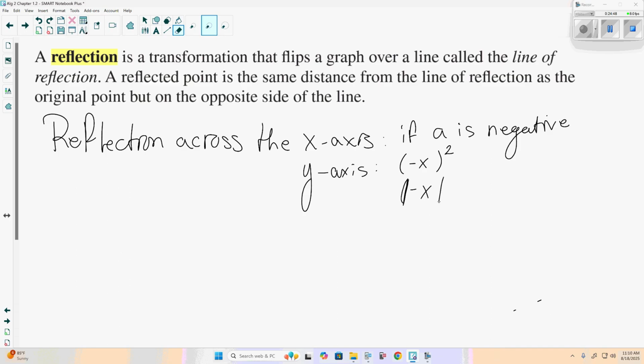It's across the y. This does not tell us a whole lot for quadratics and absolute value, because it's going to mirror onto itself. The absolute value of x, or in our quadratic, our x squared, are symmetric to the y-axis. So just having this here is not changing anything.